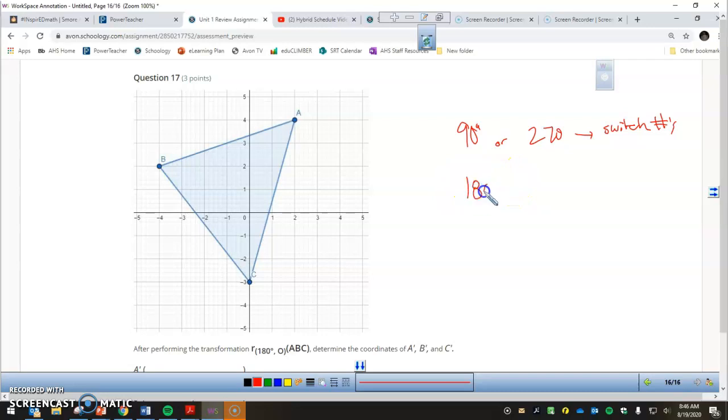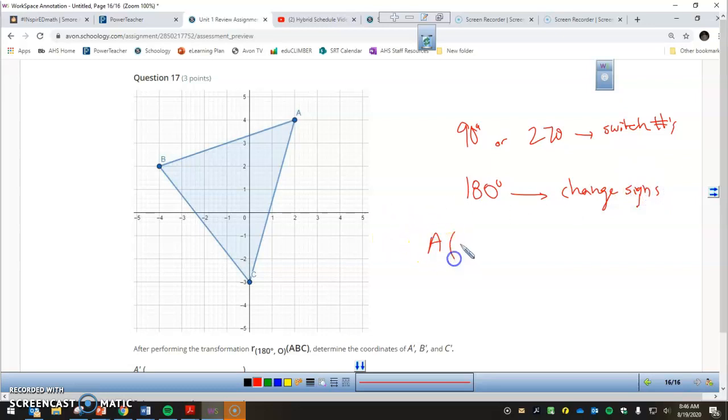For 180, we did this where we showed that there's an example in the lesson for rotations that we went over, that for a 180 degree rotation, all you really have to do is just change the signs of every single x and y coordinate.